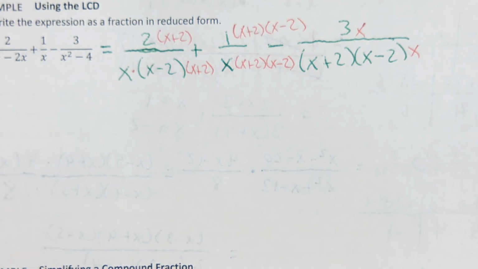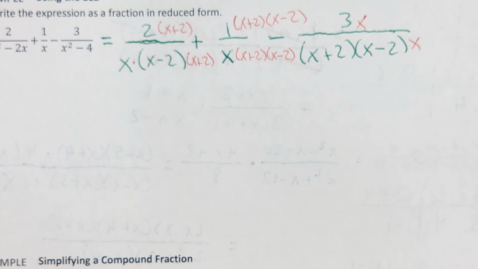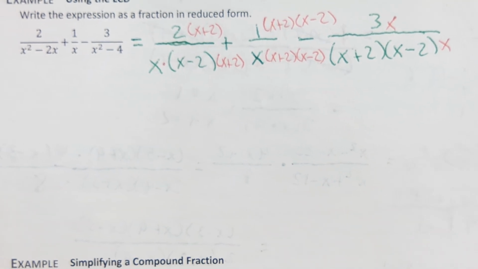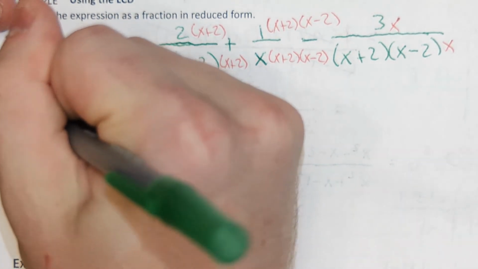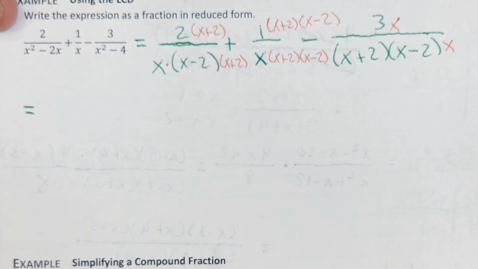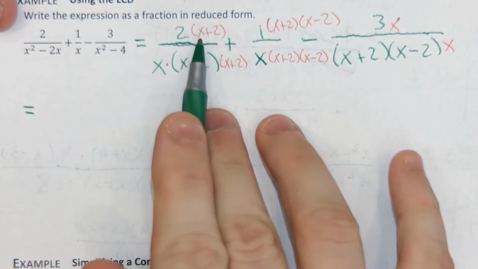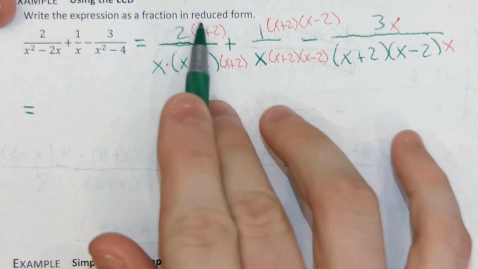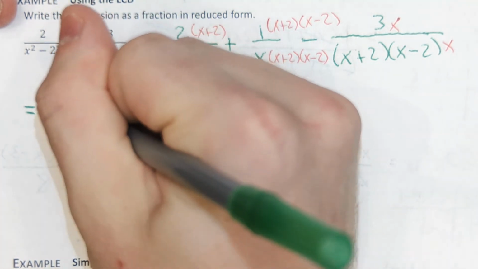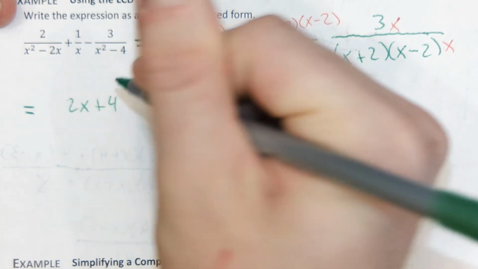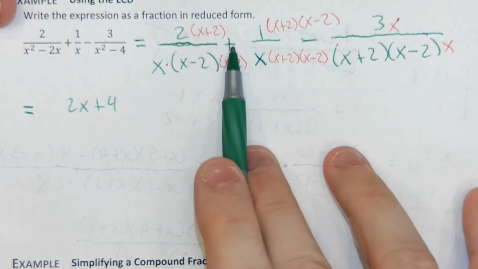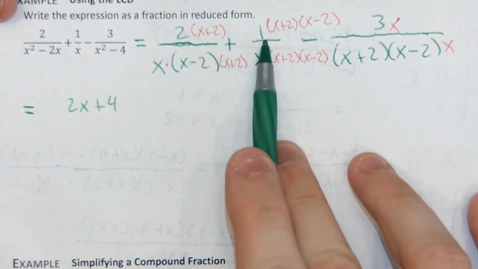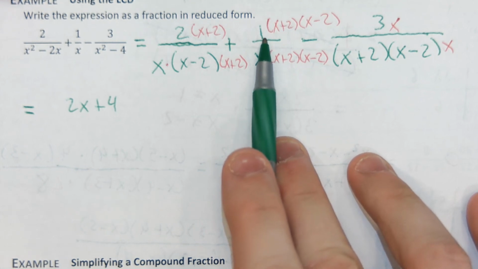Time to clean it up a little bit because it got a little cramped, especially right down there. Let's see what we get. Right here, I'm going to distribute a 2. 2x plus 4. Right here, I'm distributing a 1. And, well, that's not going to change anything.